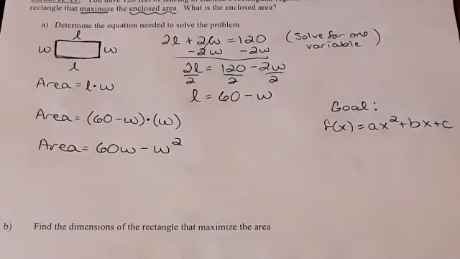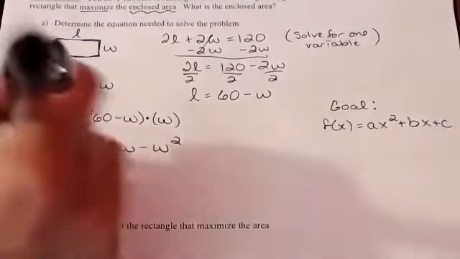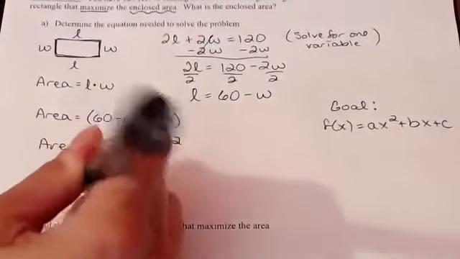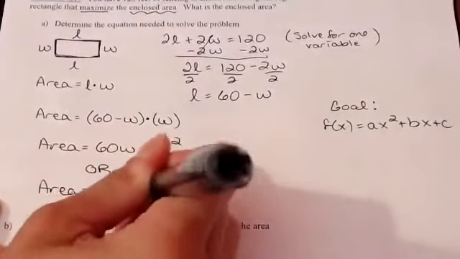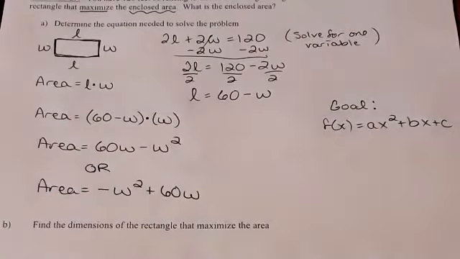That is my equation. It is not in descending order. So if you would rather see this in descending order, your area could be negative W squared plus 60W. That's totally okay as well.